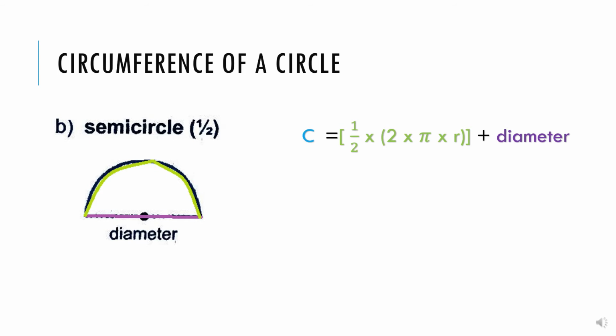So a half times 2 times pi times radius, and then we just add the diameter at the end. But this is just saying get the circumference of a full circle, divide that by 2, and then add the diameter, and we'll find the value of the circumference.